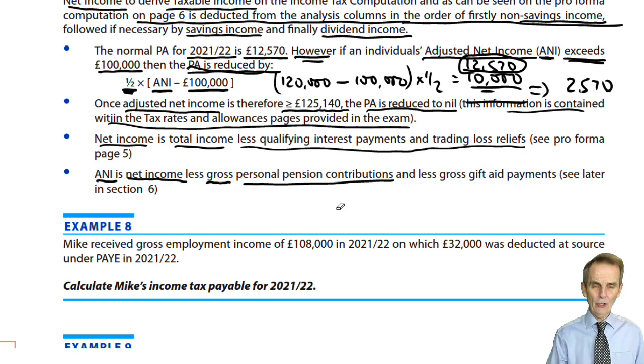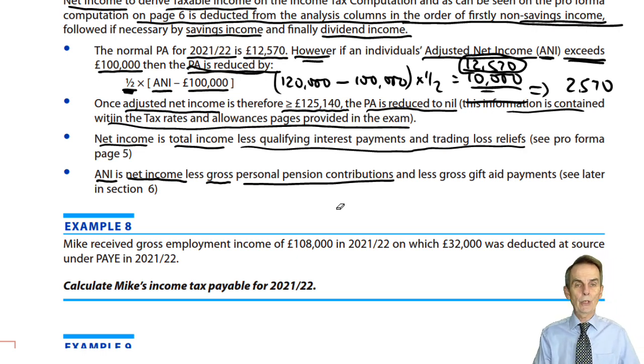Now, personal pension contributions is one type of pension scheme, the personal pension scheme, which during your lifetime, usually of work, you would pay into, building up a personal pension fund from which eventually you'd be able to take your pension when you retire.